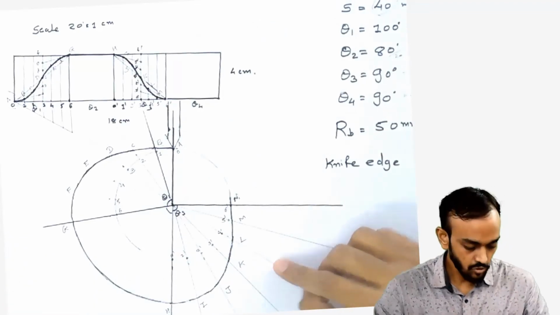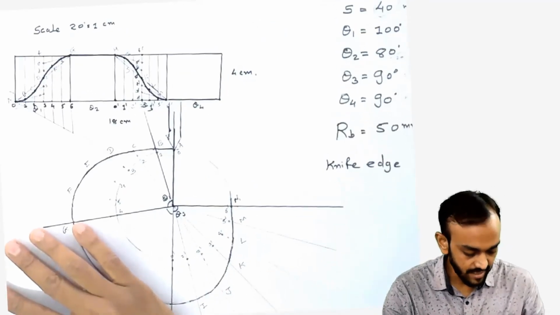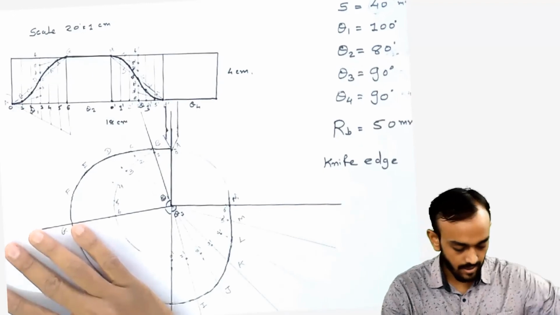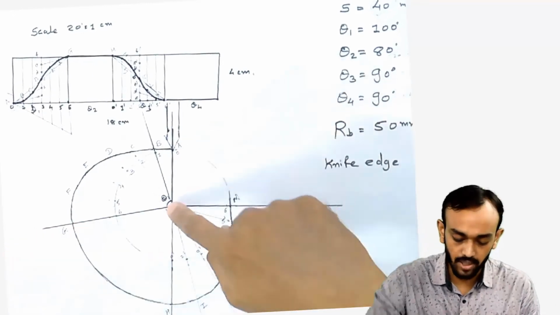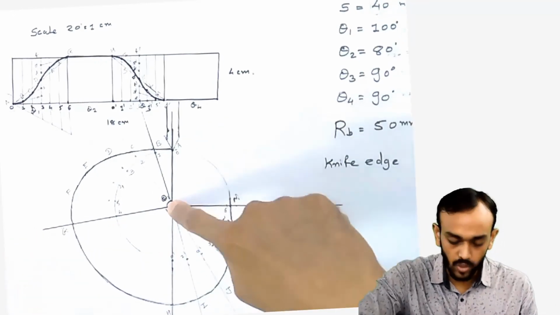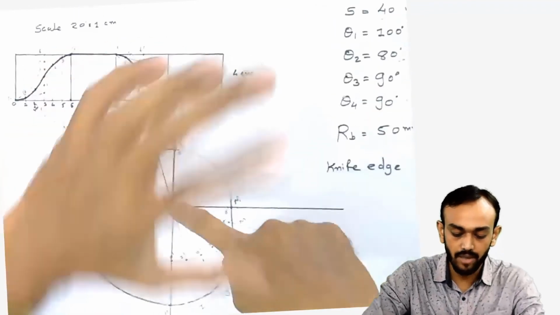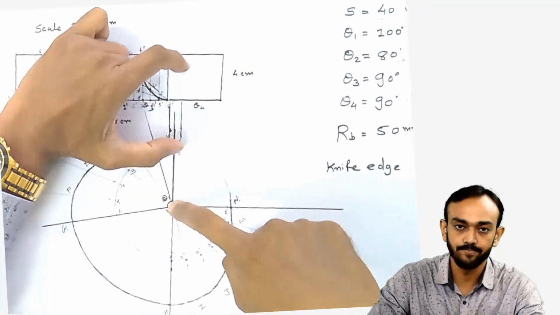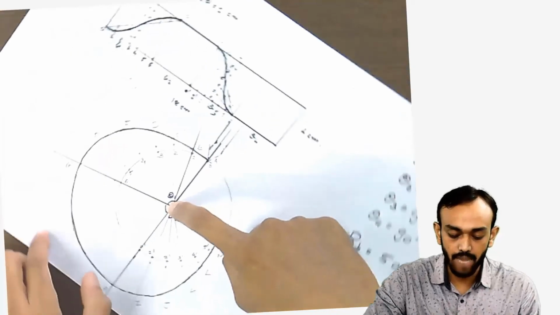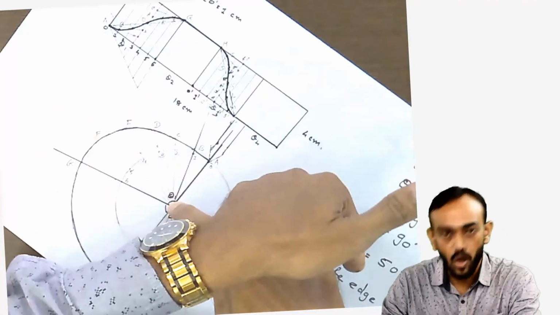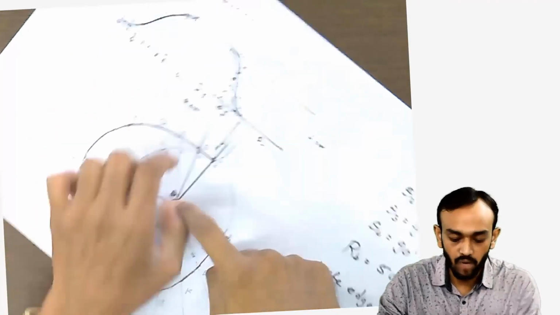Okay, so this is the cam profile we have designed here. I will show you what will happen if I rotate this cam profile. Assume that our follower is here. Now when this cam is rotating in a clockwise direction, our follower will move in an upward direction.